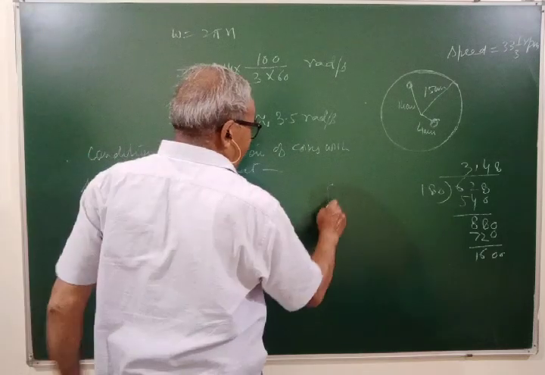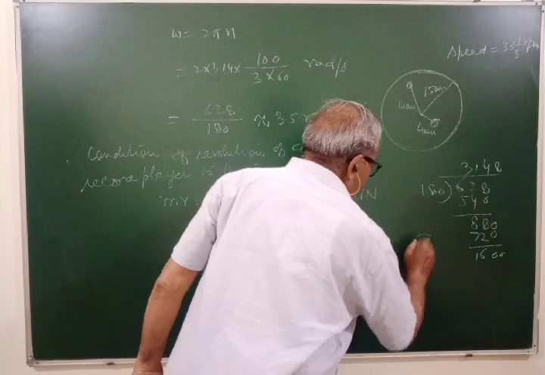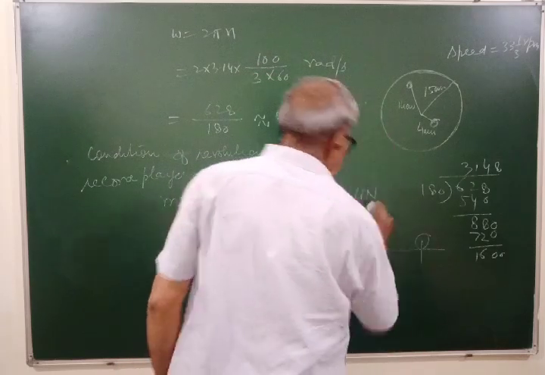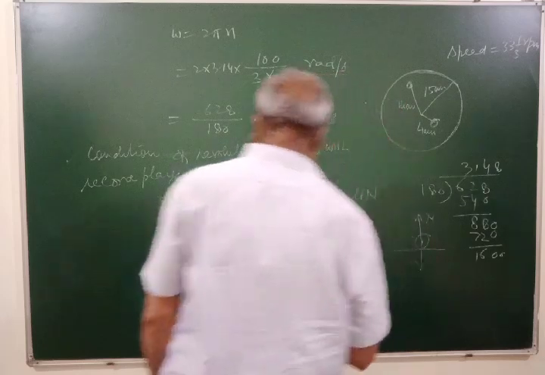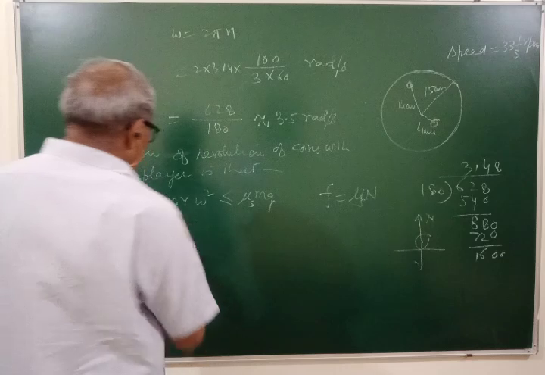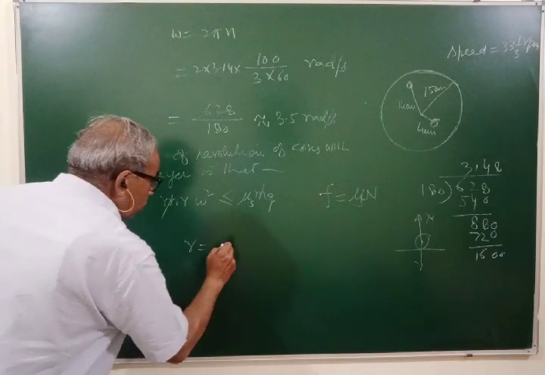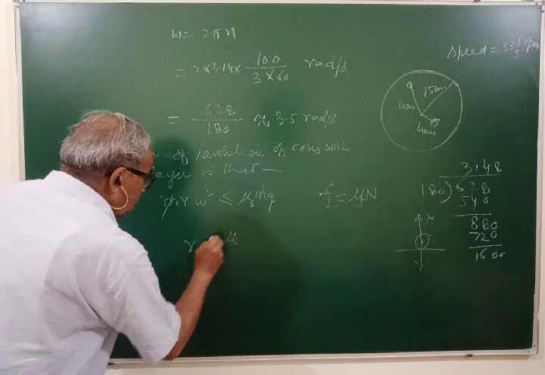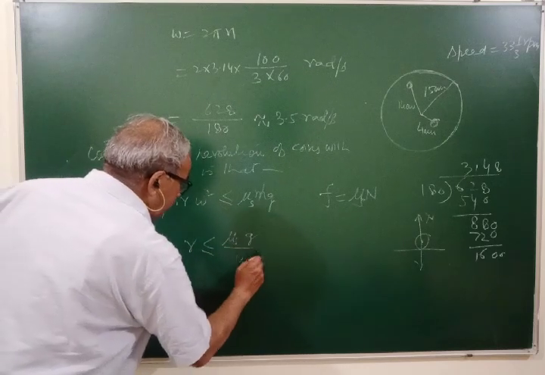Mu mg is the force of friction, mu N, and N equals mg, the normal reaction of the floor. Mu s into mg, it is static friction. So we cancel m, so r is less than or equal to mu s g upon omega square.